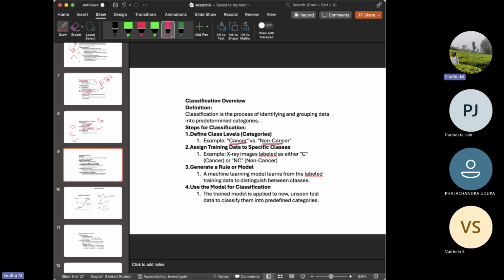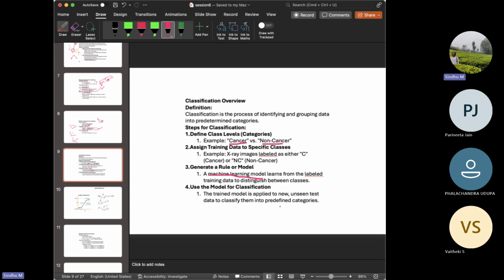Labeling means we have to explicitly tell the computer that this X-ray image corresponds to a cancer patient, but this second X-ray image corresponds to a non-cancer patient. When we give this input data, the next step is to build a machine learning model. It will learn from the labeled data to distinguish between cancer and non-cancer. Finally, once we have this machine learning model, we can use it for classification.